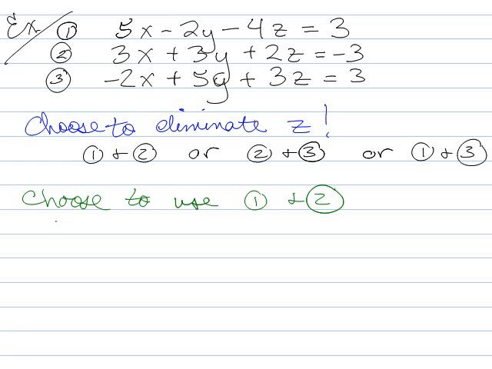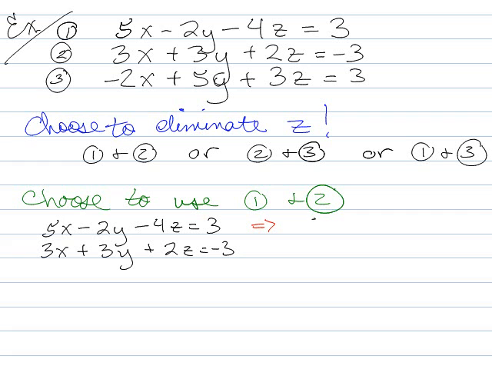Okay, so I've got 5x minus 2y minus 4z equals 3, and then 3x plus 3y plus 2z equals minus 3. Again, my goal is to eliminate z. I can leave the top one as it is.